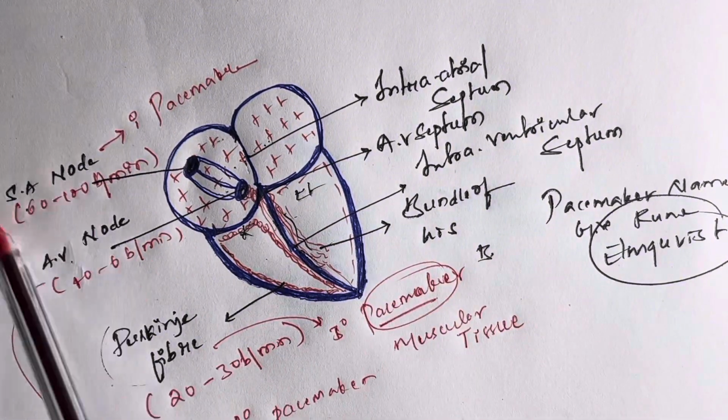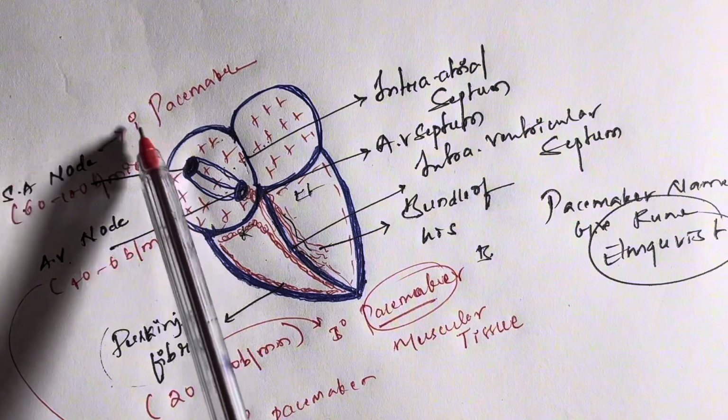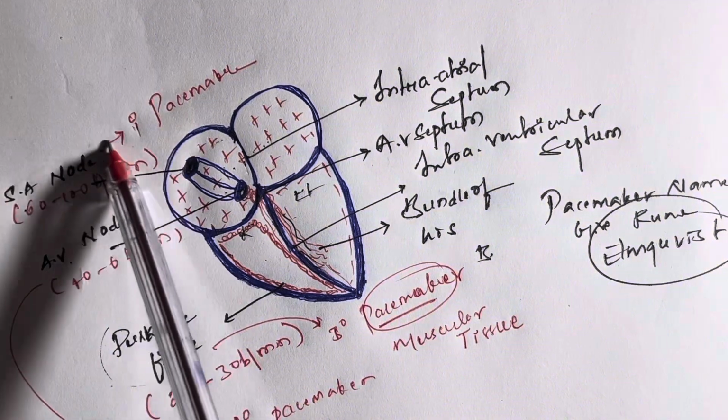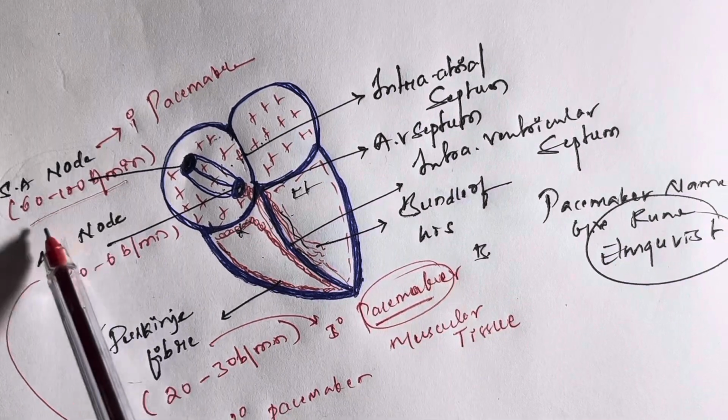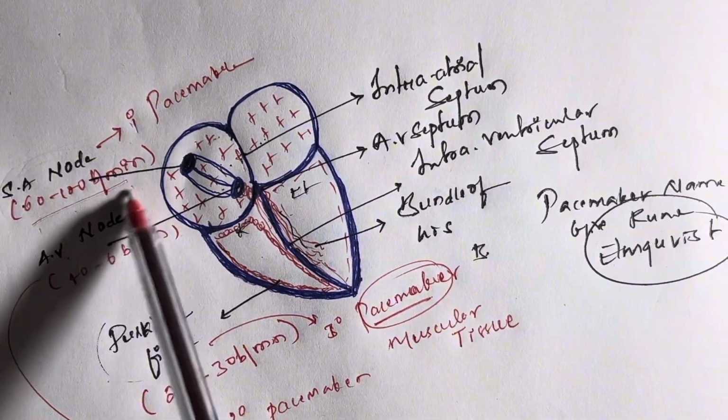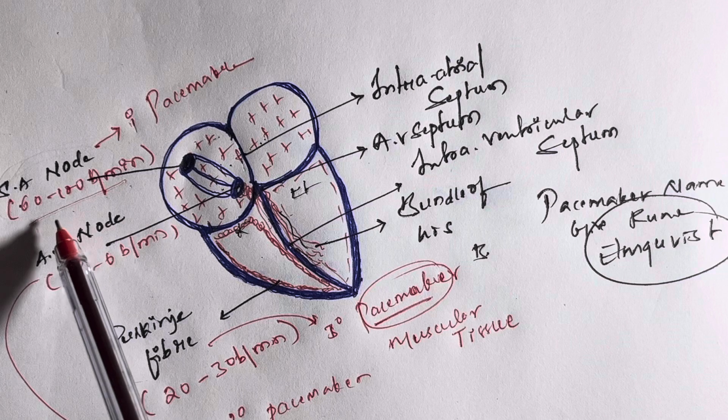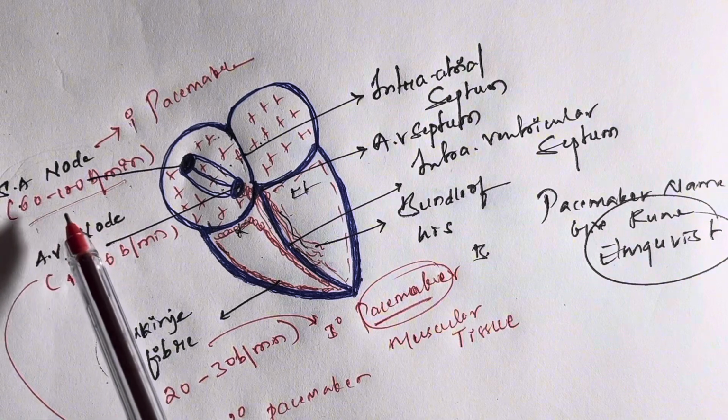Why is the SA node called the primary pacemaker? Because it has the highest impulse production rate, 60 to 100 beats per minute. Why does it produce the highest rate?